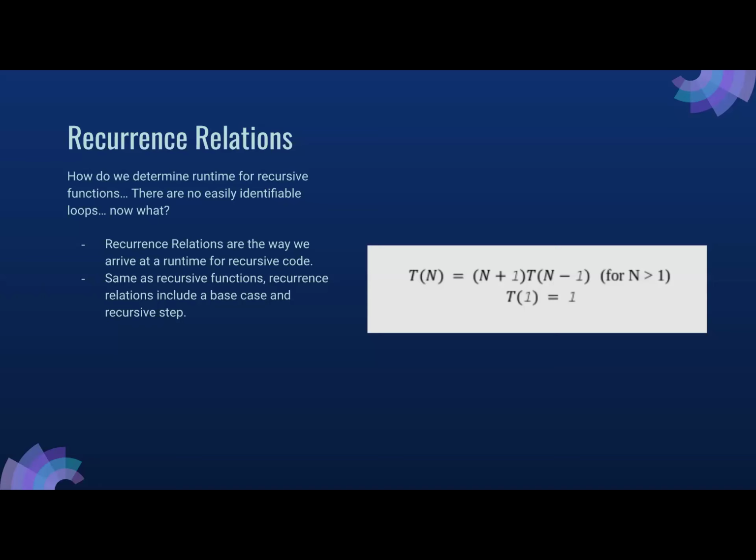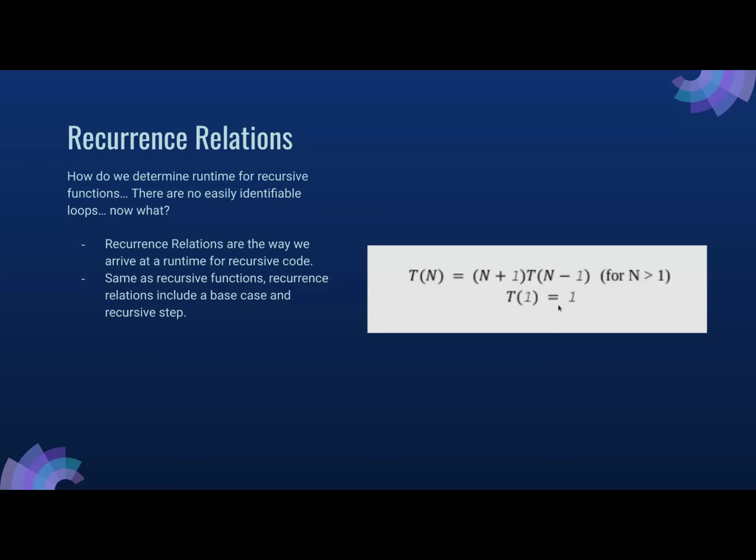It's crazy, I know. But it's the same as a recursive function in the same way that we have our base case and we have our recursive step. In the case of this formula to the right, our base case occurs at 1 and it returns 1. You can almost think of it as a recursive function.